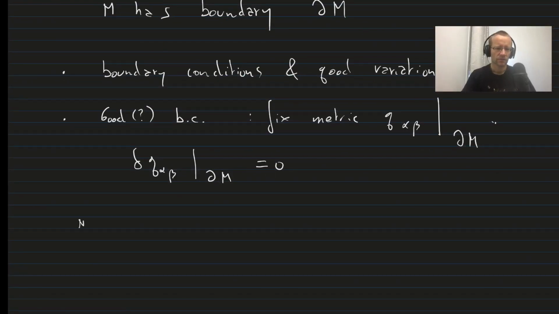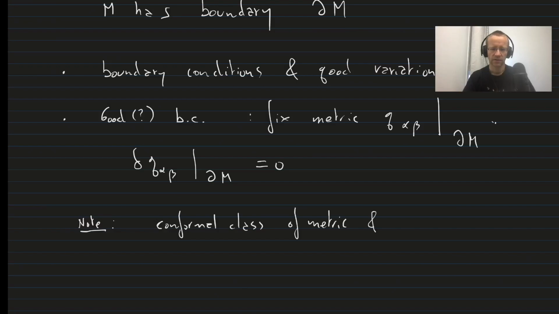Now, it's good to make a footnote here. It may be better to fix the conformal class of the metric, so the metric up to a scale factor, as well as the trace of the second fundamental form, i.e. the trace of the extrinsic curvature.